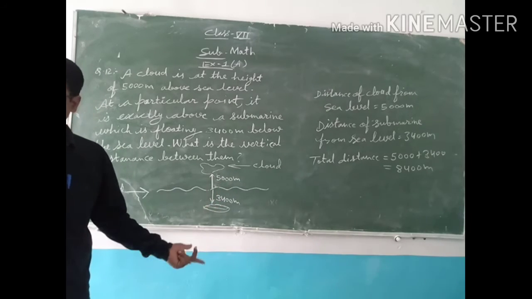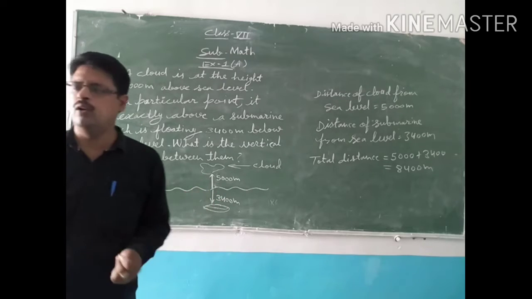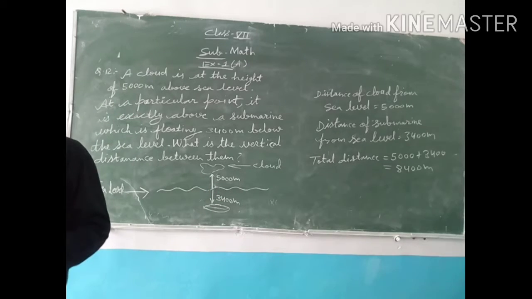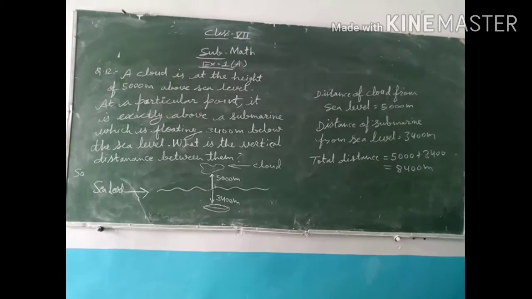So 5000 plus 3400, that means 8400. Okay. Now this exercise has been finished. Next exercise we will start, and before that we have to see some properties of integers.